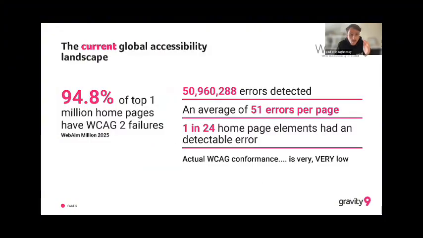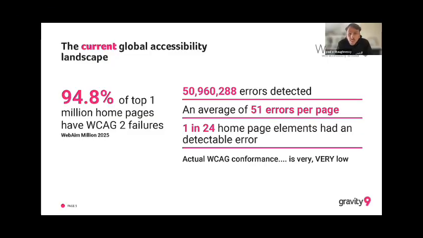Over the last few years, the company WebAIM has been conducting a study of the top 1 million websites on the internet. Over the past 6 years, they've conducted this study across 26 domains, 500,000 of which were .com, and various different industries as well, be it public sector or private sector, using a tool that they developed called the WAVE standalone plugin.